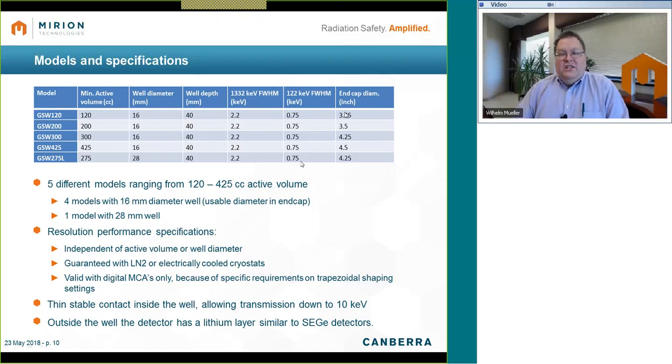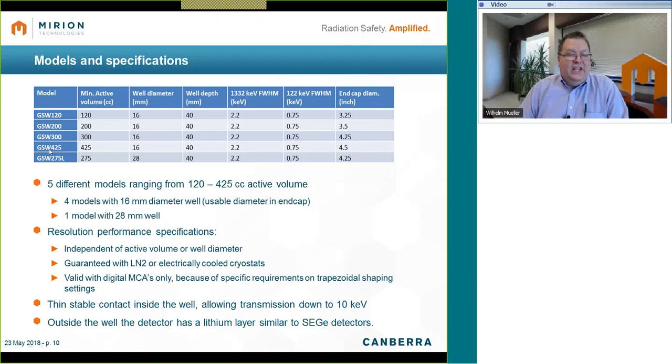It should be worth noting that because of the design of these detectors, the end caps are a little bit larger than our typical detectors in that size. So this should be noted in cases where one is making measurements with Marinelli beakers, to note the size of the end cap to make sure that one has the right size beaker.